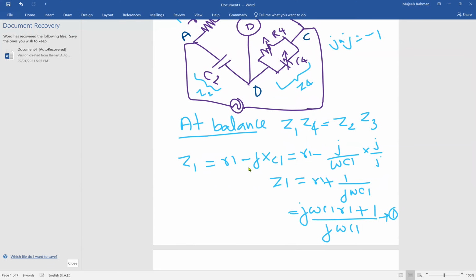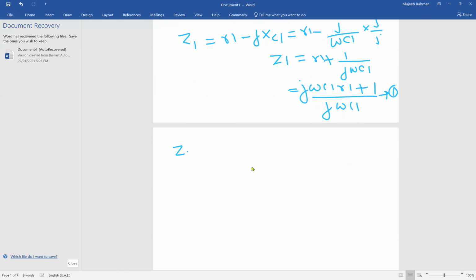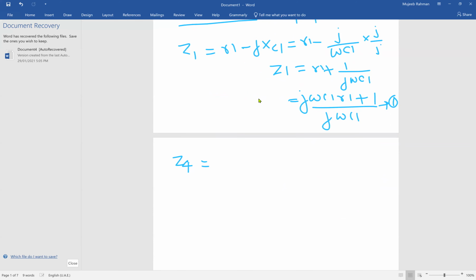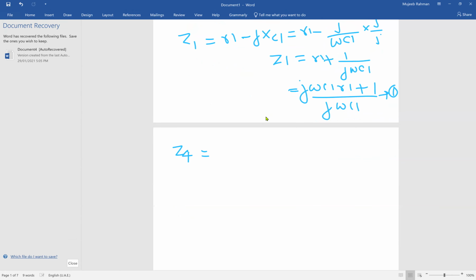And Z4, if you look at Z4, it's a parallel combination of resistance R4 and capacitance C4. As we know, the equivalent of parallel resistance can be calculated by the equation RP is equal to R1 R2 divided by R1 plus R2. This is the fundamental law. R1 and R2 are the individual resistances.